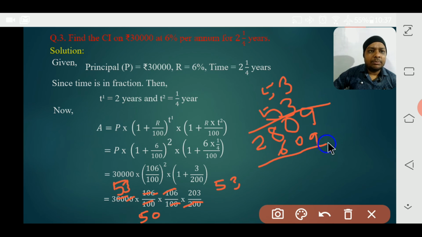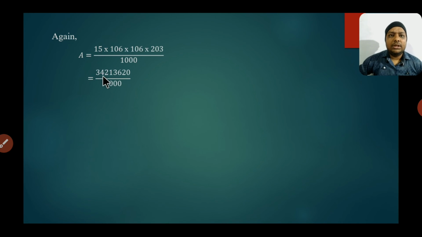Now we have to multiply these two values. After multiplying it, we will get what? Here you can see that we will get 3 4 2 1 3 6 2 0. The denominator is 1000. Now, after putting the decimal before the last 3 digits, it will be 34,213.62. That will be the amount here.